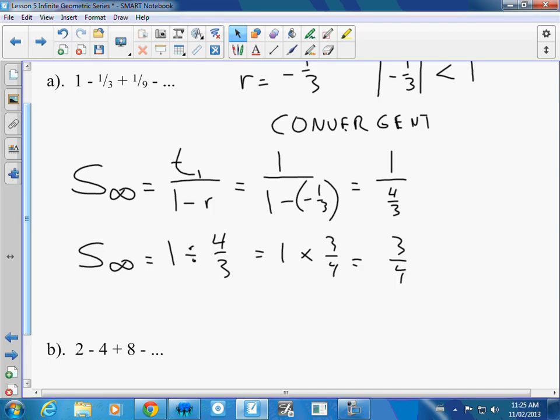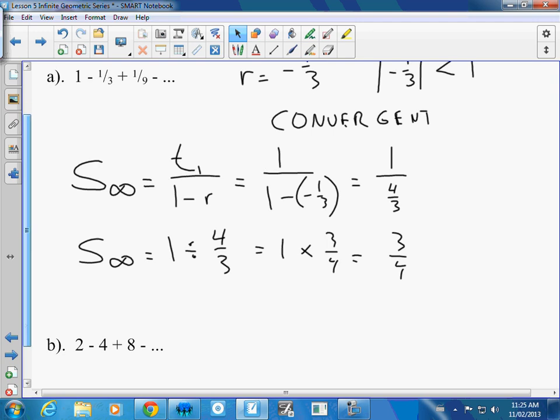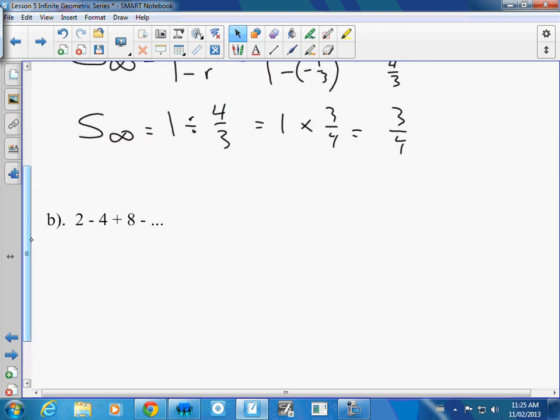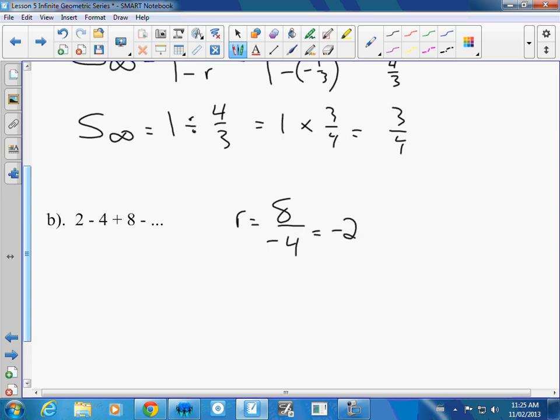Easy, difficult, what do you think? The hard part is deciding whether or not you can do it. That's going to be the hard part. Let's look at the next one. Okay, first thing we got to do is calculate our R. 8 divided by -4. What's R? -2. Take the absolute value of it, and is that greater than or less than 1?